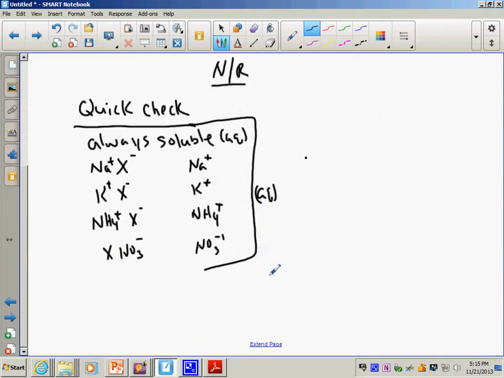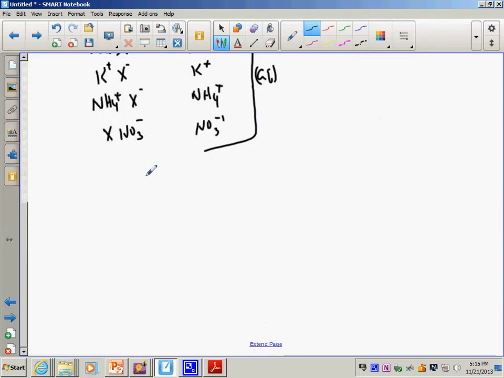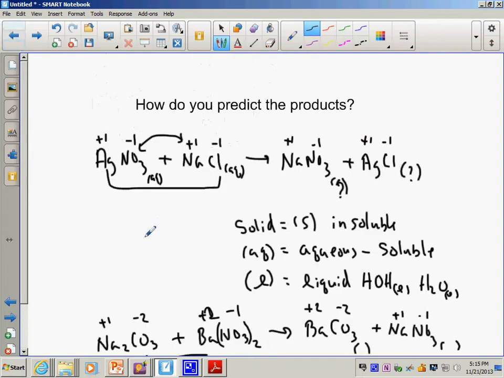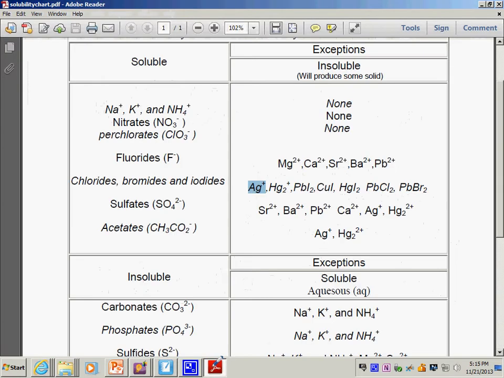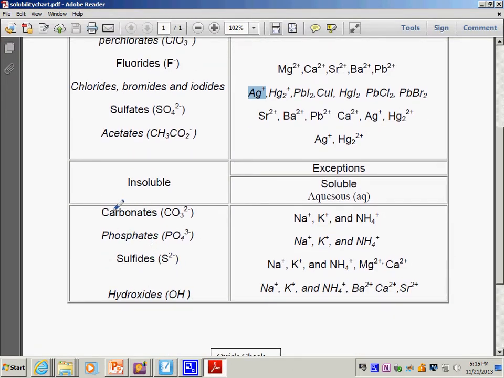I gave the barium nitrate problem last time. I'll do this one. I got barium carbonate, so I want to find carbonates. Let's do the quick check first. I have here, again, sodium nitrate. Either one would work. This thing is AQ. And the barium carbonate, looking for carbonates. Carbonates generally are insoluble.